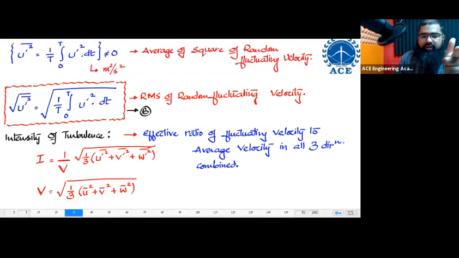And the third concept is how much intensity of turbulence it is experiencing. That is going to give you how much fluctuating velocity per unit mean velocity it is going to have in all three directions combined, given by intensity of turbulence I over here.